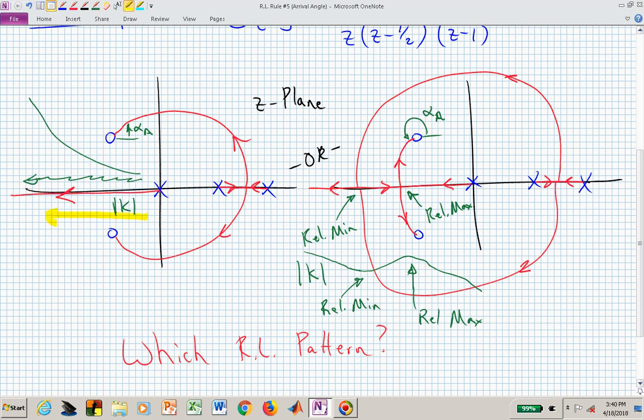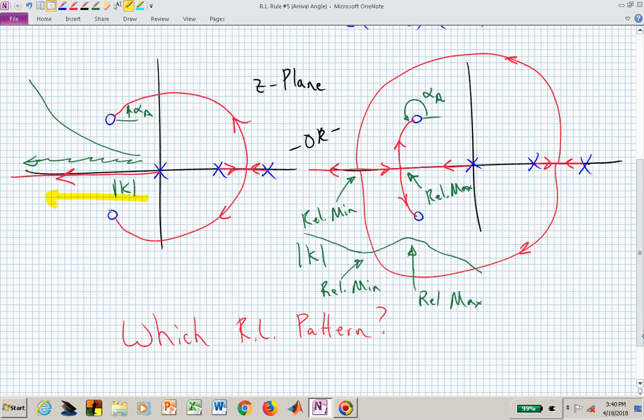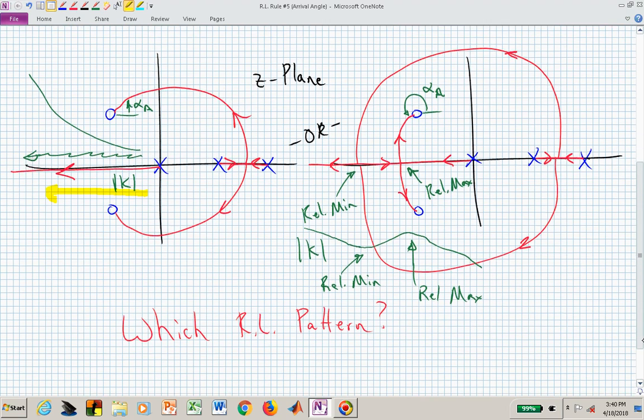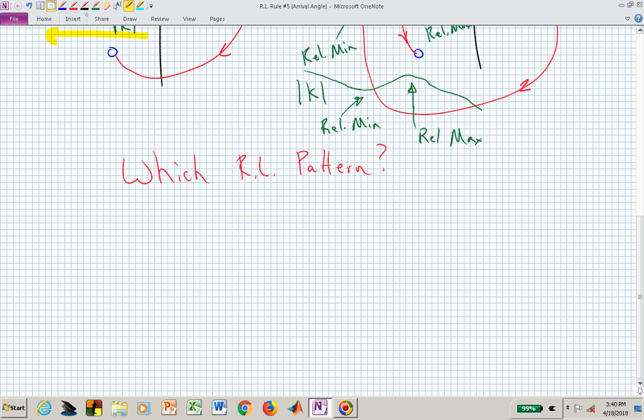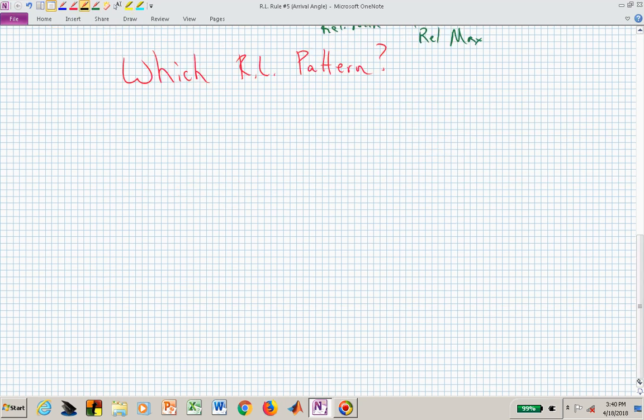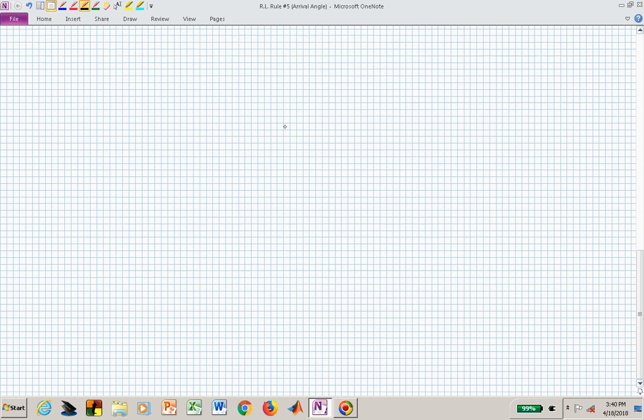So now we have a couple of different ways that we could check which of these patterns might actually be valid. And let's go ahead and look at what we could do for the arrival angle.